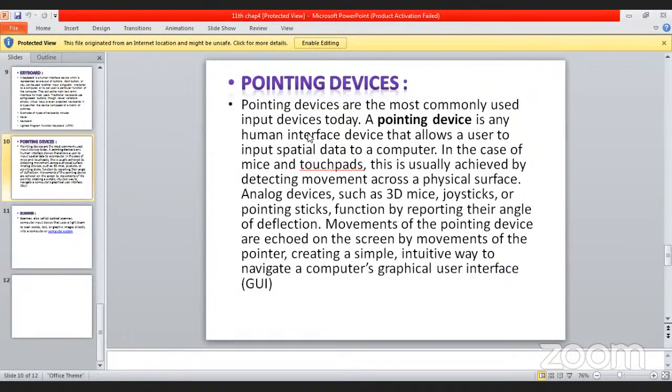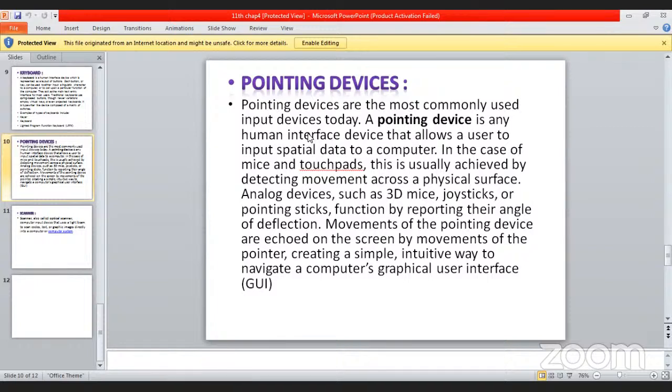Thanks to the photosensor system, these mice are less prone to dust buildup, as they have no moving parts or buttons, though dirt buildup on the optical sensor aperture can block its motion detection ability.